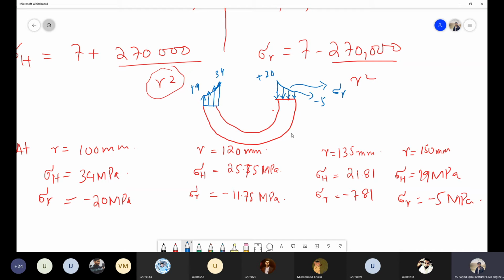And another thing which you can notice from here is that even by using this equation, I have got the same value of radial stresses at external and internal diameter, and these values are equal to minus P naught or minus Pi. And in the same way, I've got the values at intermediate points between these two diameters.